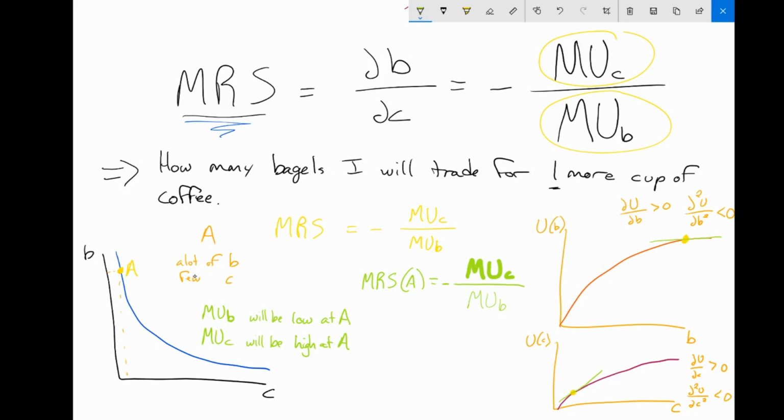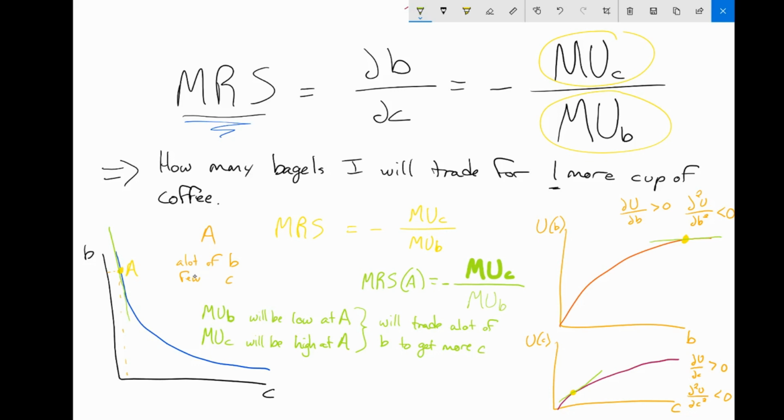Well, that's pretty intuitive. Let's look at the graph. What is the derivative of this indifference curve at the point A? Well, it is a very steep negative number. This means that at point A, the agent will trade a lot of B to get more C. Why?